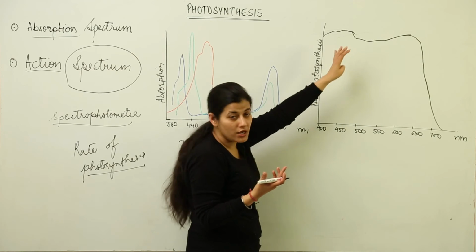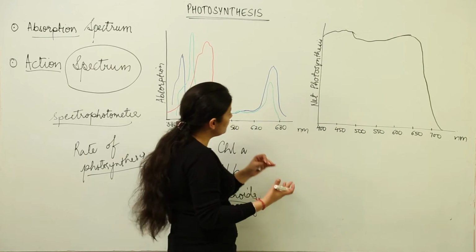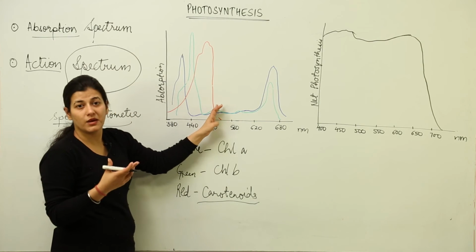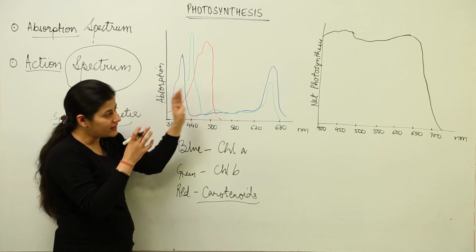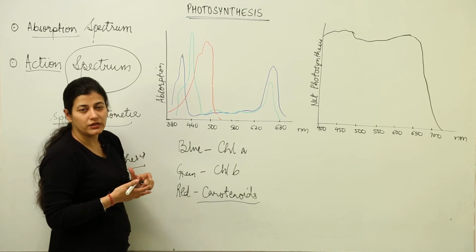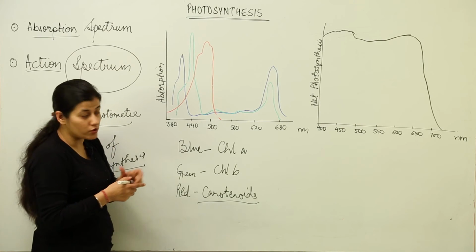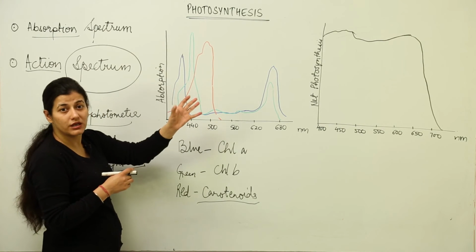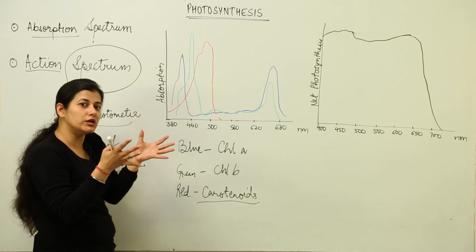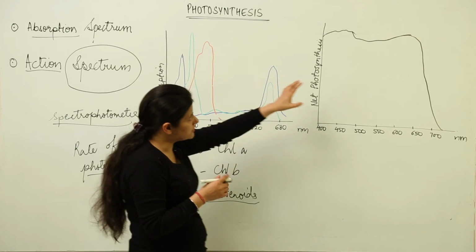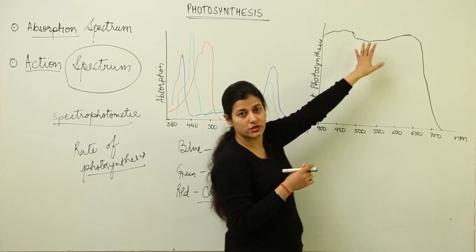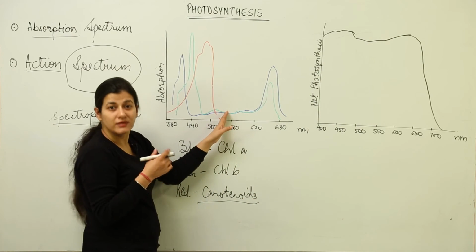The spectrum should have been lower. The reason behind it is that all these pigments are working together, and you will understand that when you study the photosynthetic unit, because these pigments do not work individually, they work as units. This is the reason this zone shows photosynthesis, though the absorption is minimum.